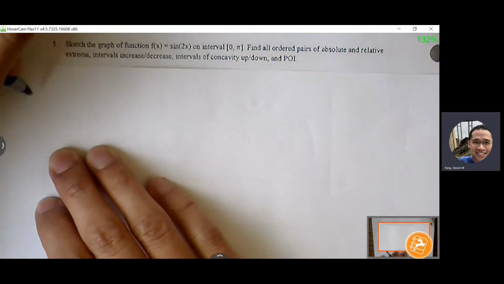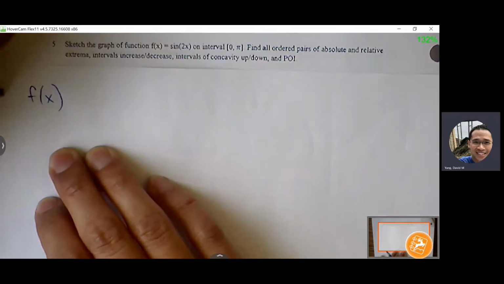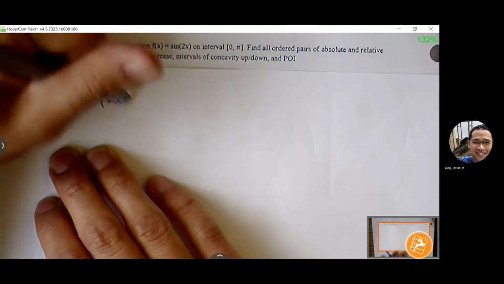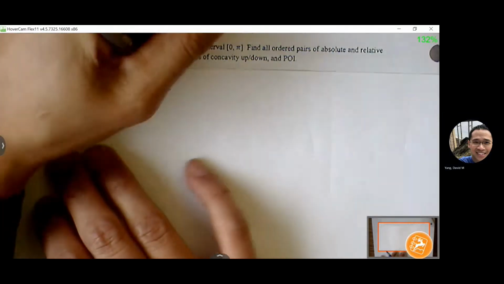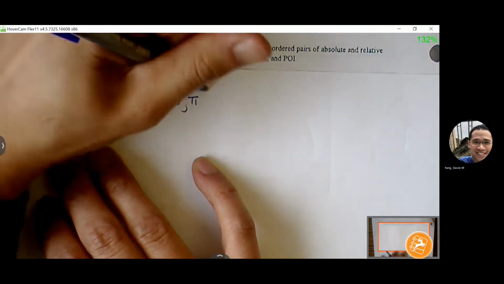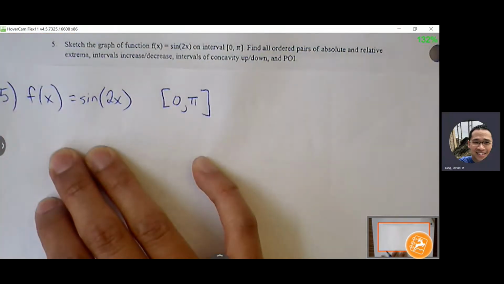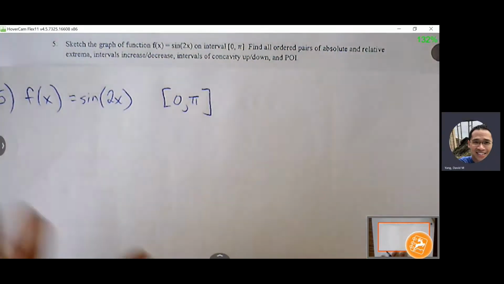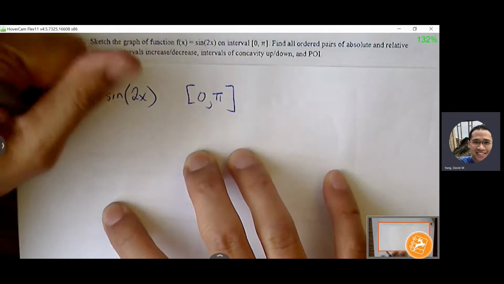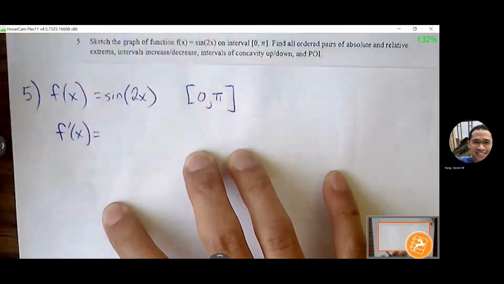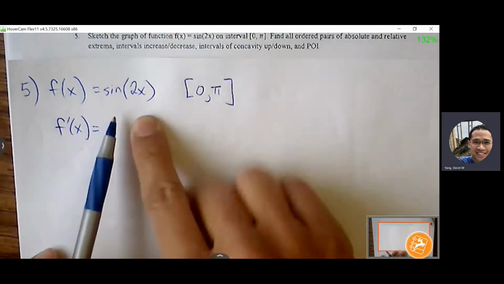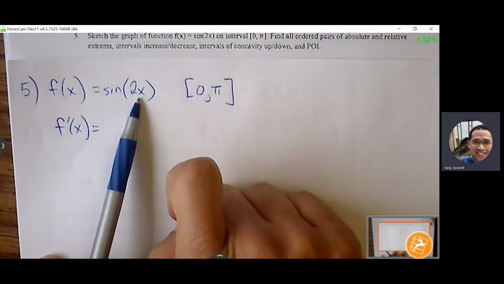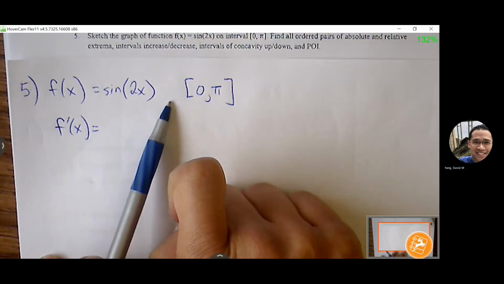Okay, so here's our function. Let's start off with finding f prime. Sine of u becomes cosine of u times u prime, right?